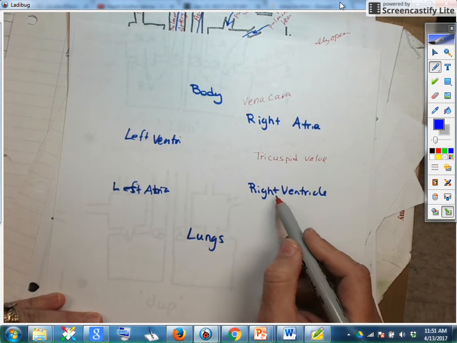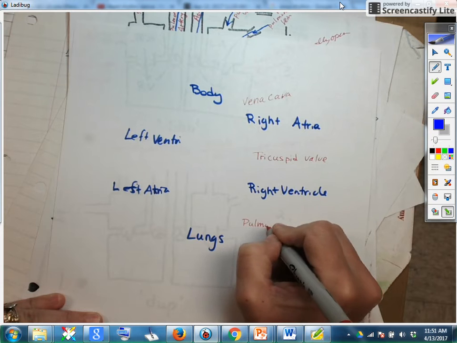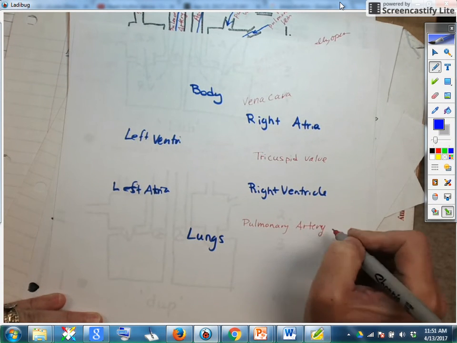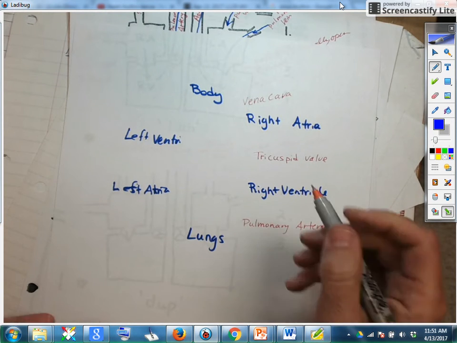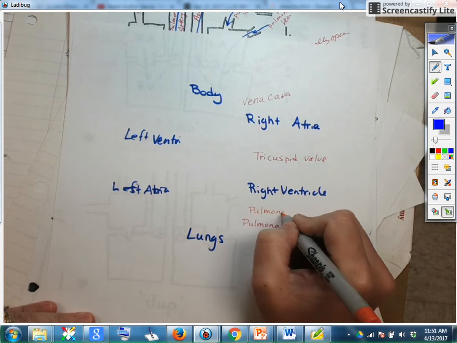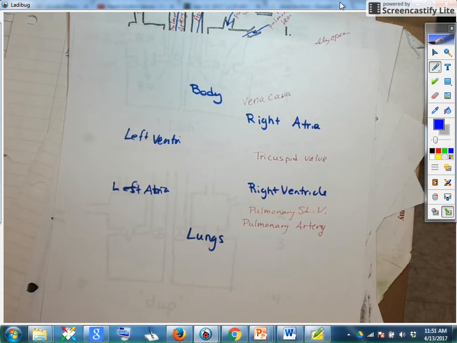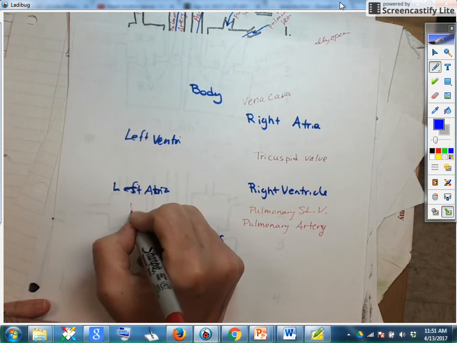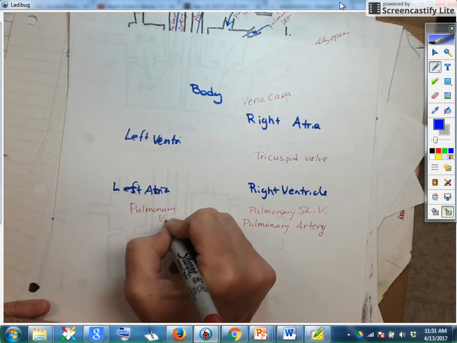How does the blood get from the right ventricle to the lungs? Pulmonary artery. But before it can go through that artery, it has to go through the pulmonary semilunar valve. It goes to the lungs, returns from the lungs through the pulmonary vein.